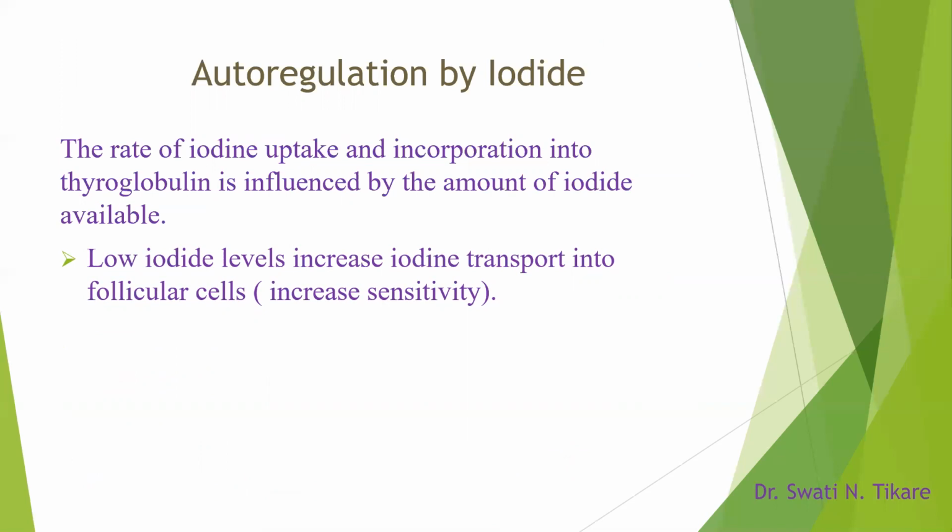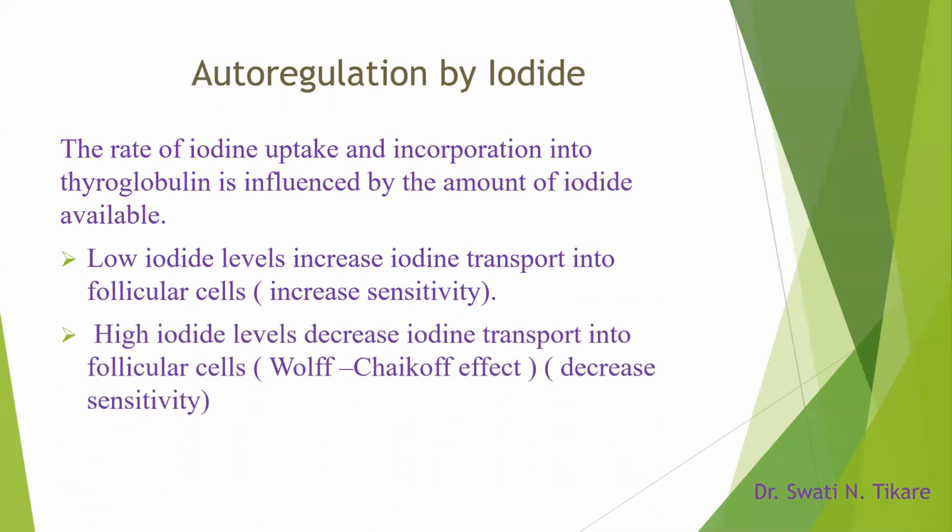So whenever there are low iodide levels, there is an increase in the iodide transporters, increased iodine transport in the follicular cell. That is what is called increased sensitivity. The lower the iodide, the more carrier proteins I quickly employ to draw more iodide. So when there is low iodide, there is increased sensitivity and they try to trap all the iodine that is possible.